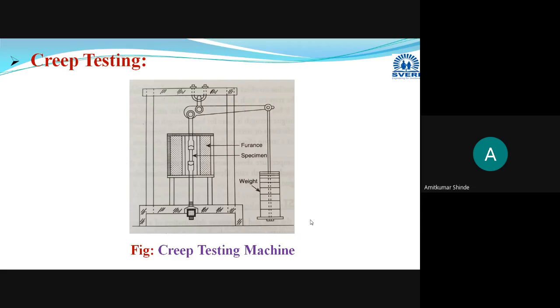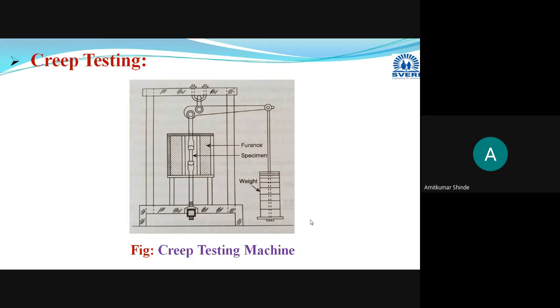Here our variables: we are taking the reading of this deformation against time, and we are keeping the values of stress and temperature constant. Whichever deformation is occurring in the material against time at a constant stress and at a constant temperature, that will be termed as creep.